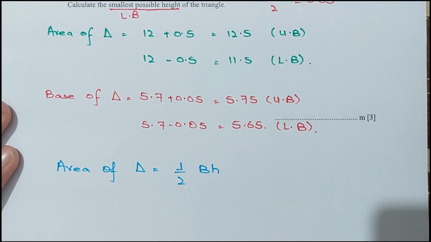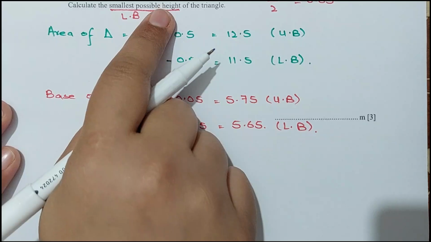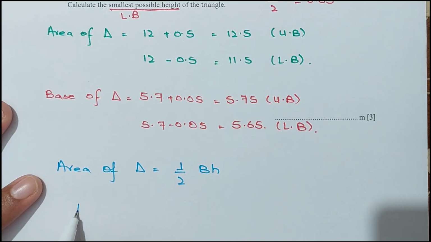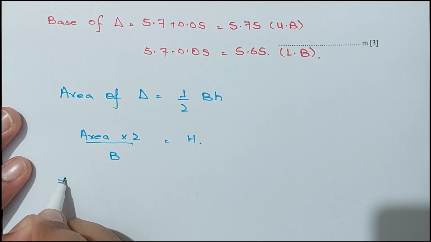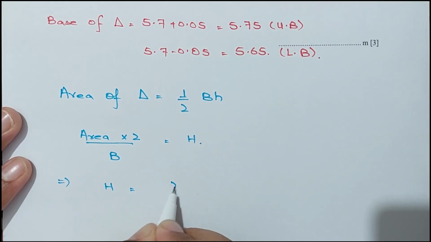We have to solve for the height, so we can say area multiplied by 2 divided by base would be my height. Or we can say the height is equal to 2 times the area divided by the base.